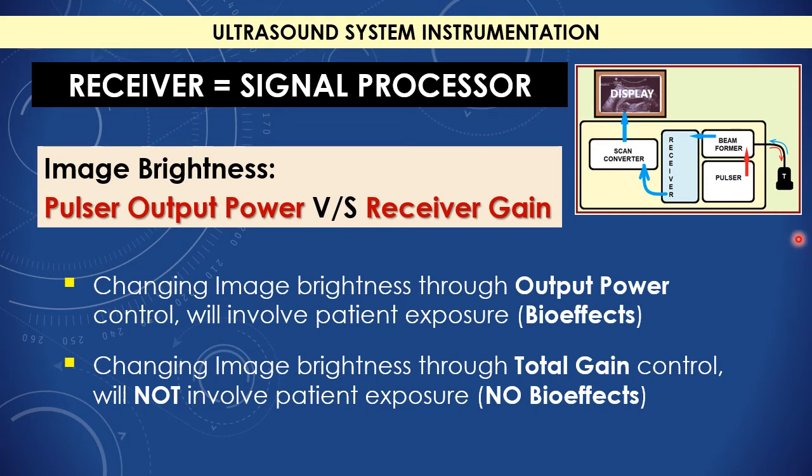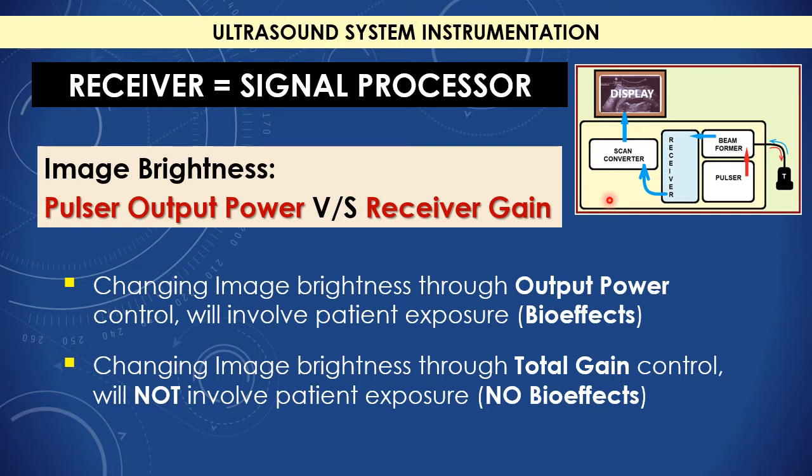The reflections will be stronger because there is high output power transmission. I will get high received signals, which will be processed along the whole journey and appear here as bright echoes. So the pulsar output power is exposing the patient to high output power sound waves.